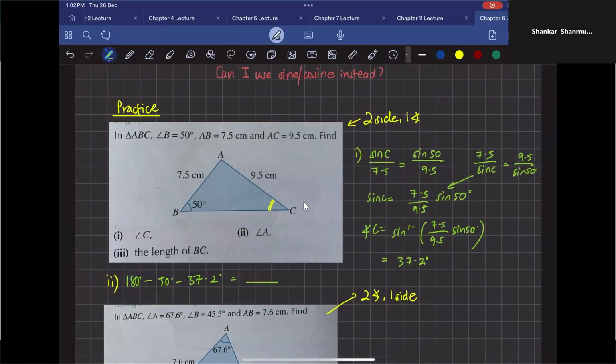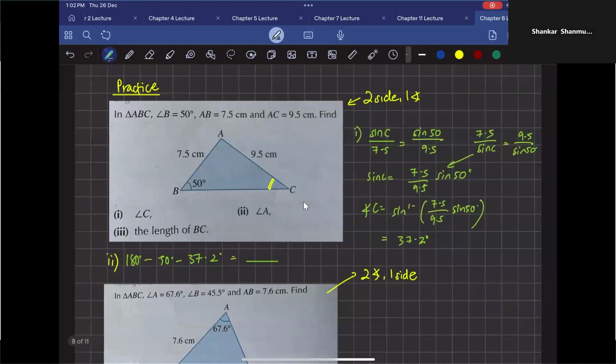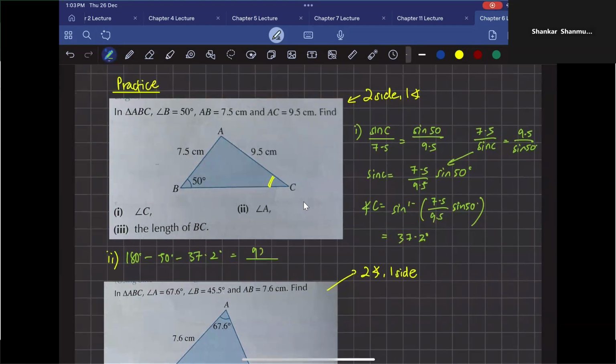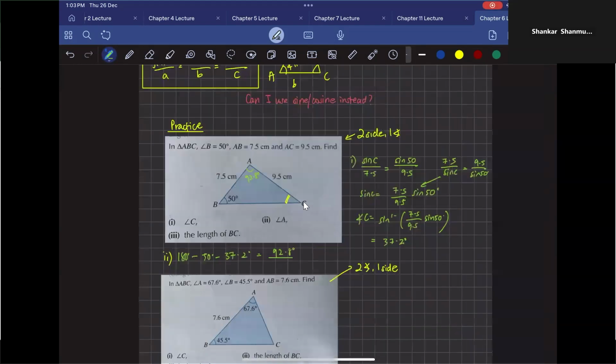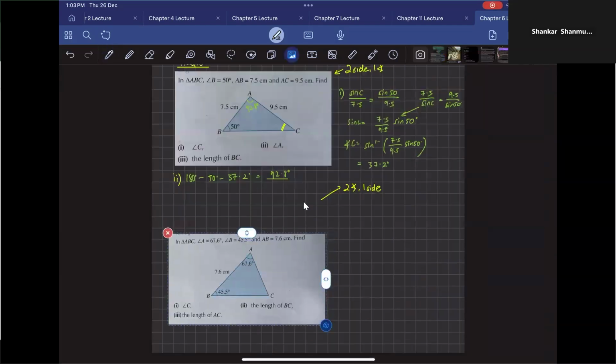And the last part is your length of BC. So again, you should be using sine rule. So once you've found A, we should be 22.8 degrees.